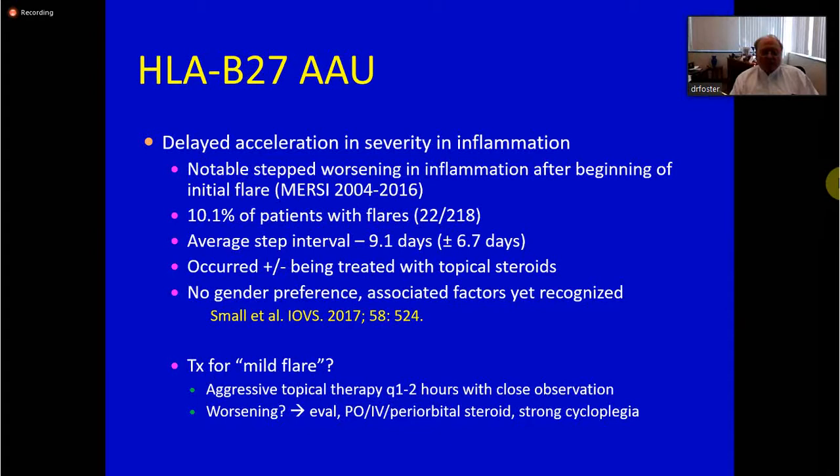Treatment for a mild flare-up, topical therapy, observation, but if they worsen, get aggressive, systemic steroids, intravenous medication, even periocular injections, and a strong cycloplegic.